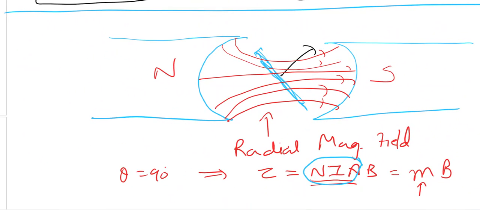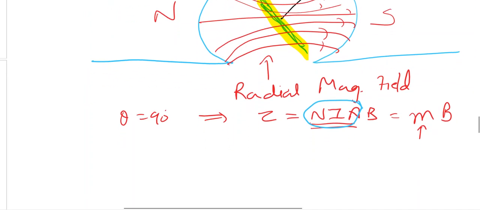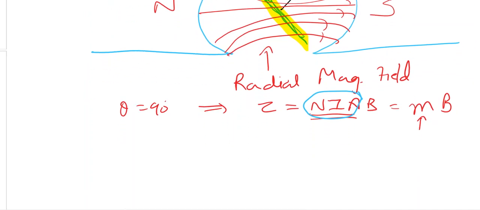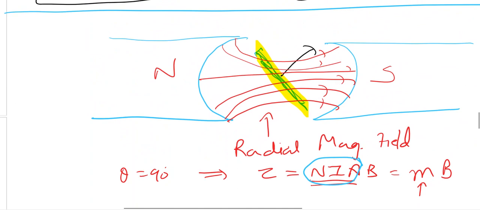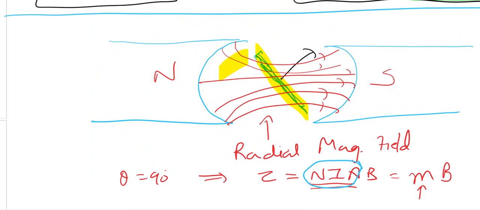The second difference is that inside the coil, soft iron is placed. What is the role of soft iron? Soft iron grabs magnetic field lines. So if some field line is passing nearby the soft iron, it will attract it and allow it to pass through itself. So soft iron will help produce this type of field, which is called radial magnetic field.